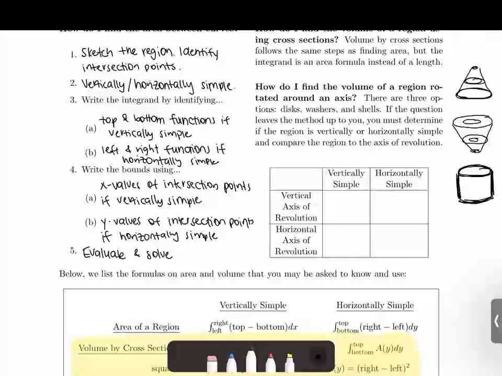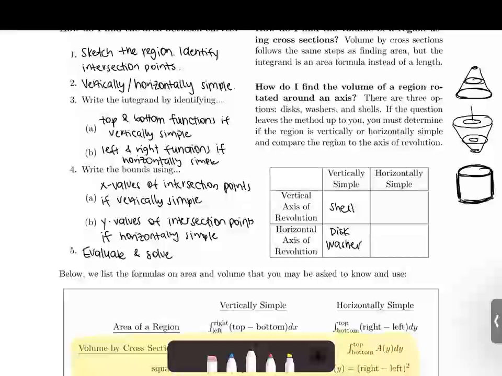So if we are vertically simple and we have a vertical axis of revolution, then that's going to use the shell method. If we are vertically simple, but we now have a horizontal axis of revolution, this is going to be either disc or washer, depending on if our region is touching that axis or if there's going to be a hole.